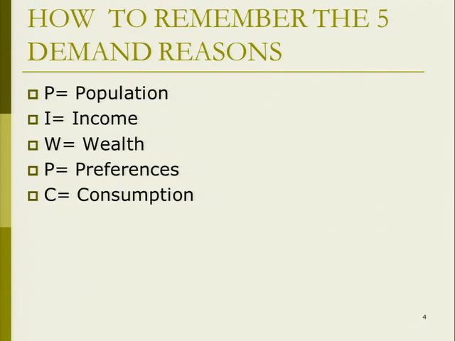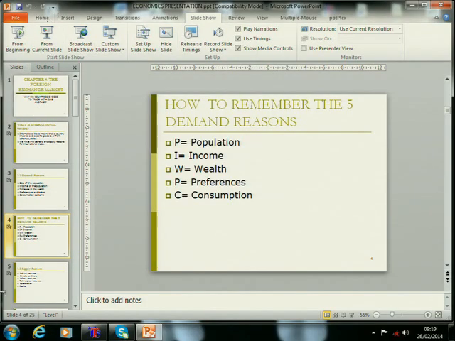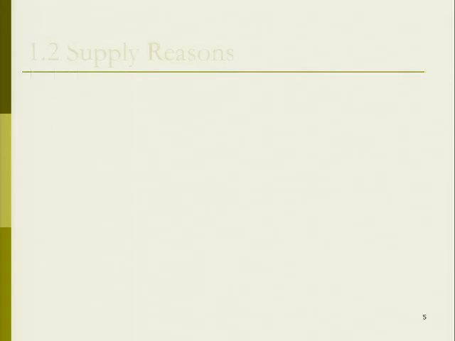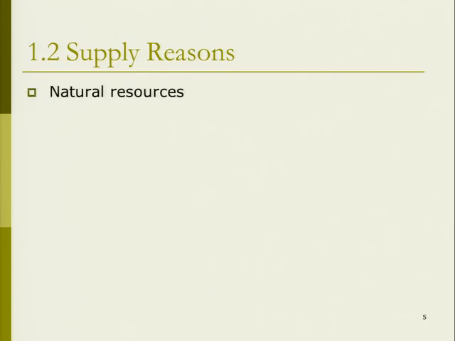The other one that we need to know is the supply reason. Now, with regard to the supply reasons, like I have indicated to you, the supply reasons is one of the reasons why we trade with other countries. Therefore, there are several aspects that we need to consider under the supply reason.